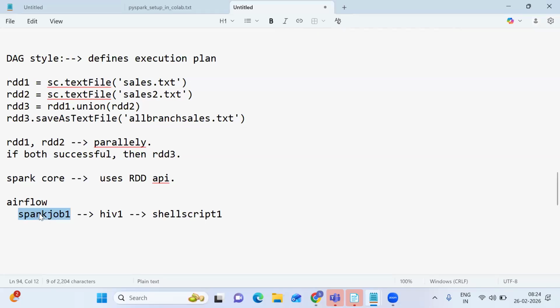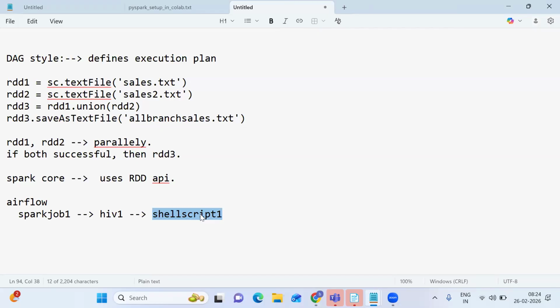Spark cluster. Hive job is created at the Hadoop cluster. Shell script is created at the Linux level. But my business plan is like this. After completion of job 1 only, the Hive job is to be triggered. After completion of Hive only, the shell script is to be executed.